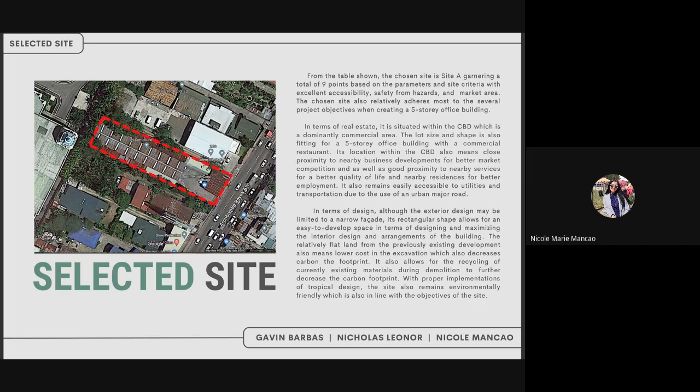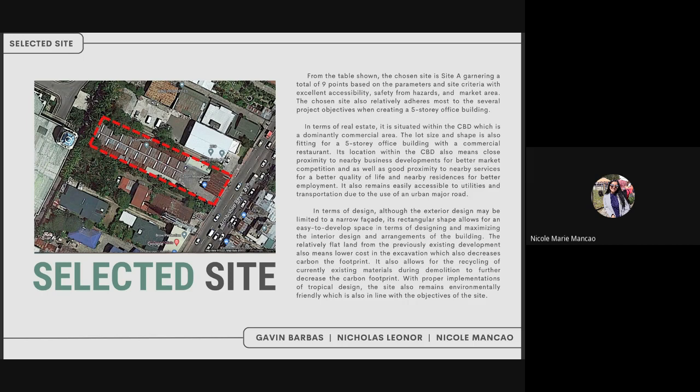The lot size is also fitting for the 5-story office development, and its location within the CBD also means close proximity to nearby business developments for better market competition, as well as good proximity to nearby services for better quality of life and nearby residences for better employment.